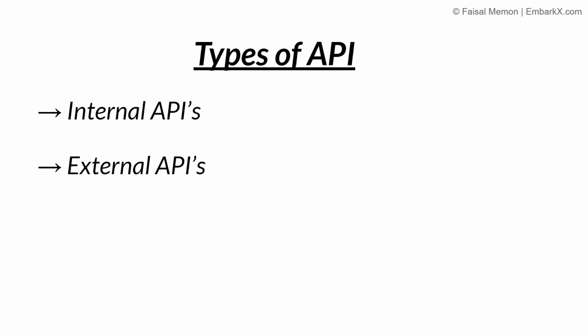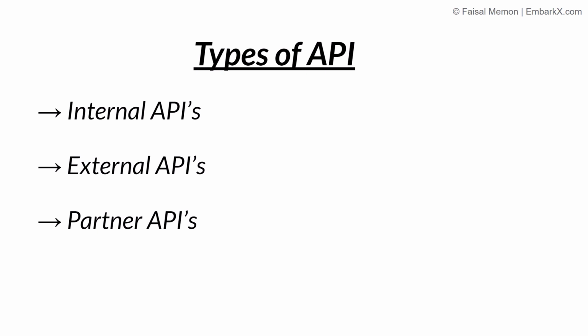Then we have external APIs, and these are public APIs. External APIs mean they can be used by anyone in the world. Some examples of external APIs are Twitter APIs, Facebook APIs, Google Maps APIs, and so on. These are the APIs that can be used by anyone across the world. And then you have something called partner APIs.